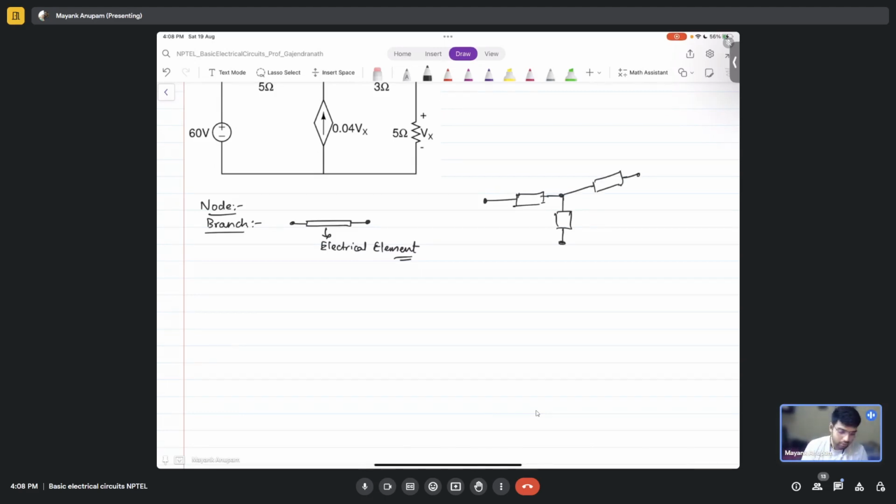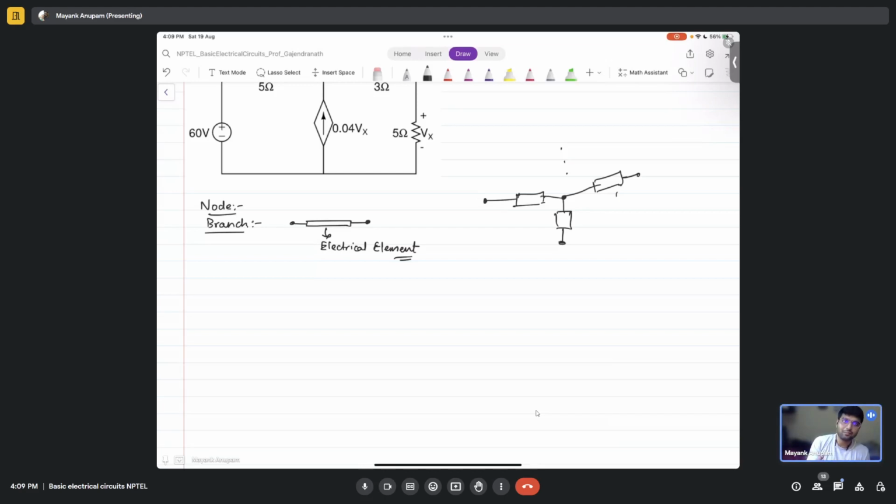In this case we have three electrical elements, isn't it? If two or more electrical elements meet at a point, they share one common terminal. If two or more electrical elements share one common terminal, that is a node, fine.